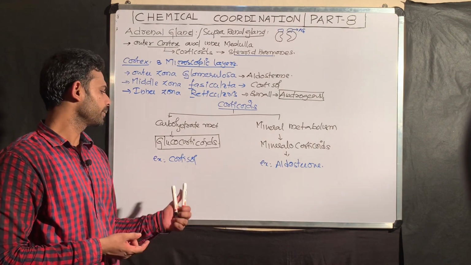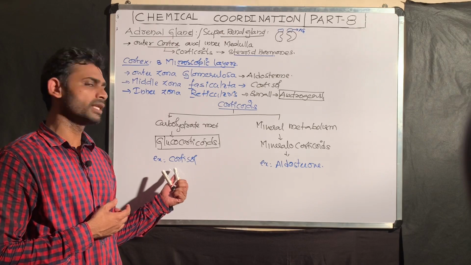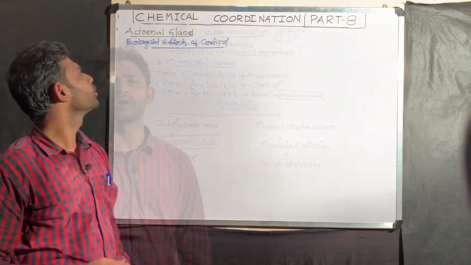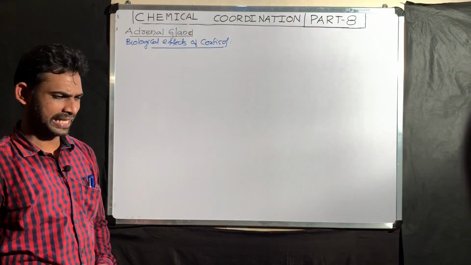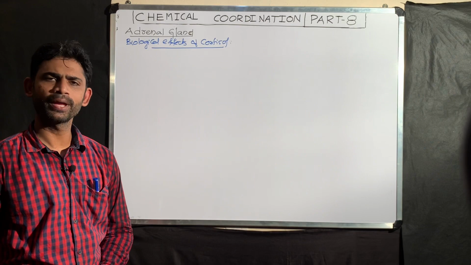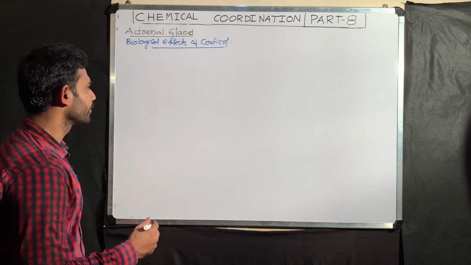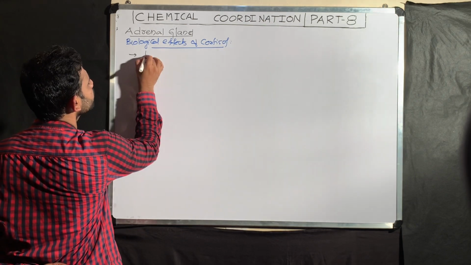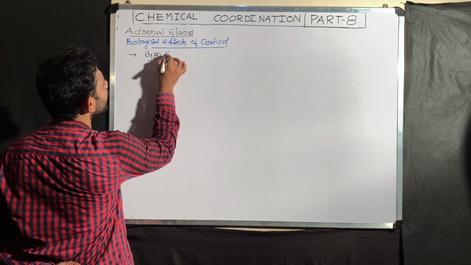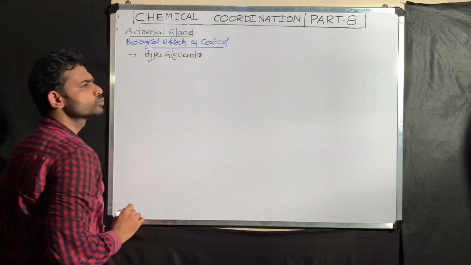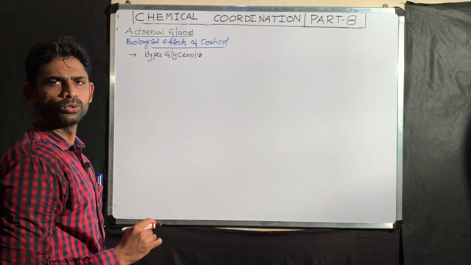Next, I am going to explain the biological effects of cortisol. After that, I will explain about aldosterone. As we know, cortisol belongs to the glucocorticoids and mainly shows its effect on carbohydrate metabolism. The first point is that cortisol causes hyperglycemia, which means an increase in blood glucose level.